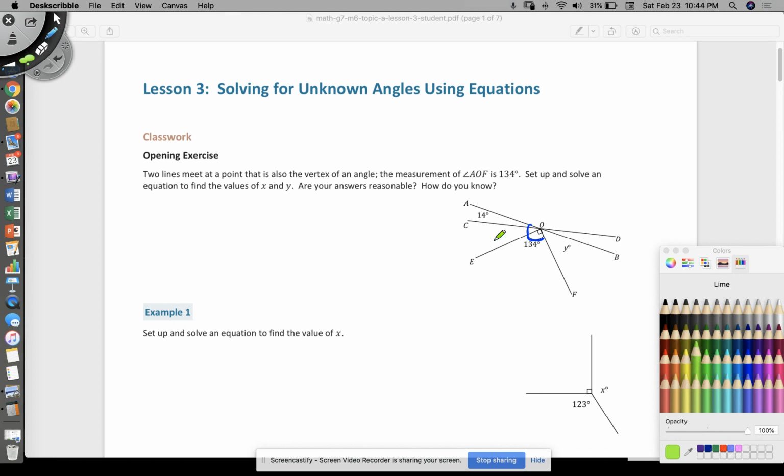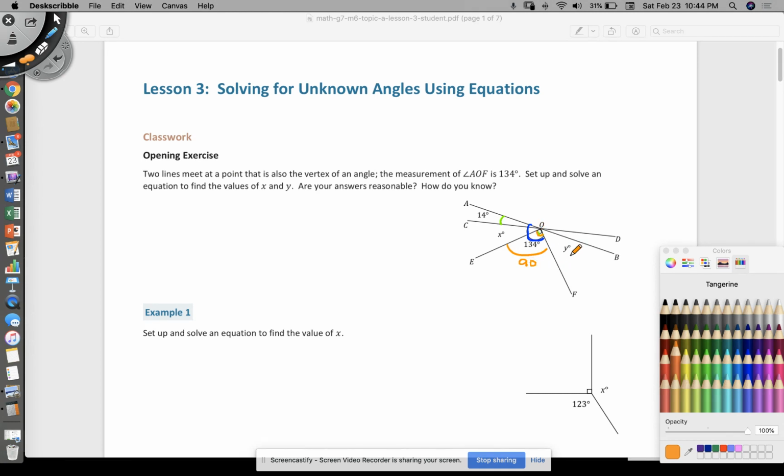I see that I have an angle measure right here. This is 14 degrees. Now 14 is included in that 134. I also see that I have a 90-degree square, so this angle here is 90 degrees.